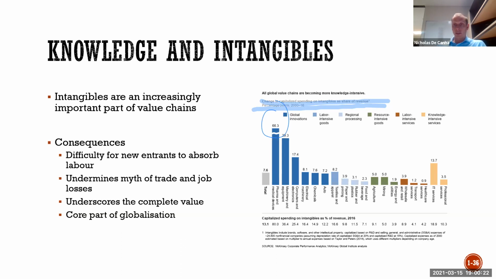Nonetheless, it's a core part of globalization, and as you can see, R&D is an enormous part of much of this. Globally innovated sectors of the economy have very high levels of growth. You can see this is chemicals, electronics, cars, pharmaceuticals. You've got those regional processed goods. So if you recall, we said that some goods are not particularly useful to do globally. So this is what's called regionally processed.